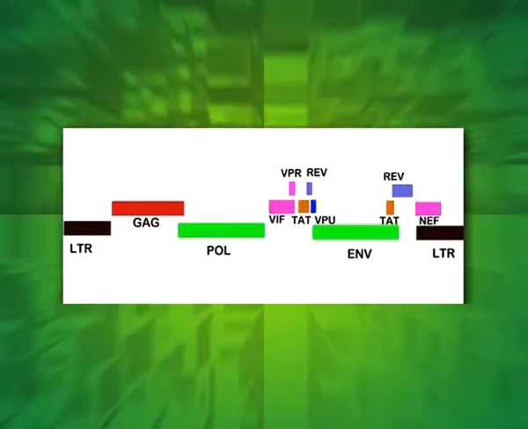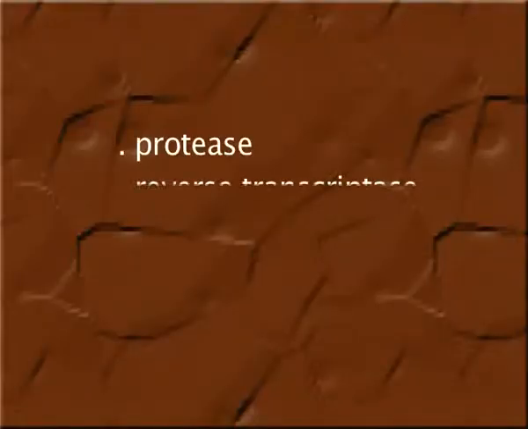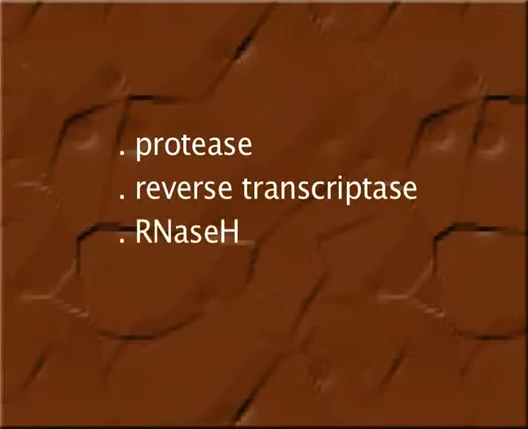The autonomous elements encode at least two genes, that is, the GAG gene and the POL gene. The GAG gene encodes a capsid-like protein and the POL gene encodes a polyprotein with various activities including protease, reverse transcriptase, RNase H, and integrase. The non-LTR retrotransposons lack the long terminal repeats.